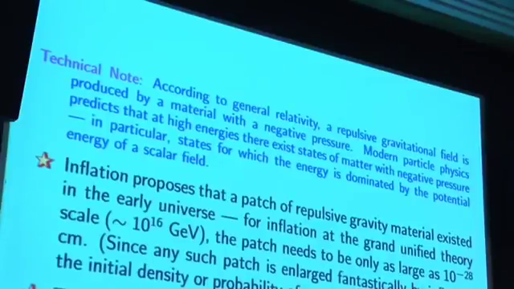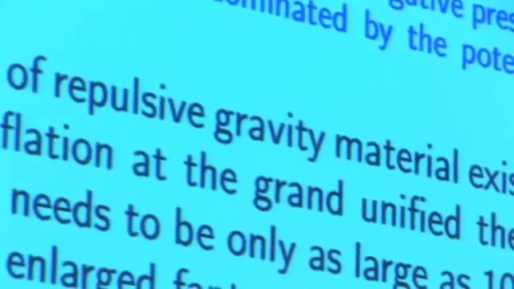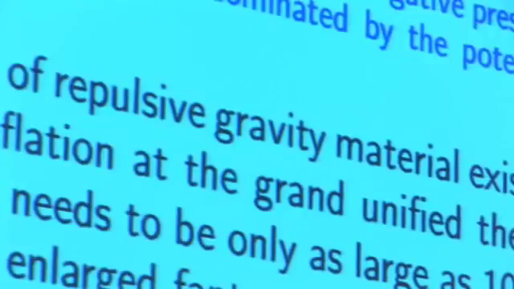So inflation proposes that at least a patch of this repulsive gravity material, this negative pressure material, existed in the early universe. It doesn't have to fill the early universe. It just has to have a patch of it. And we don't really know what energy scale inflation happened at. But a likely place at which it might have happened is at the scale of grand unified theories.